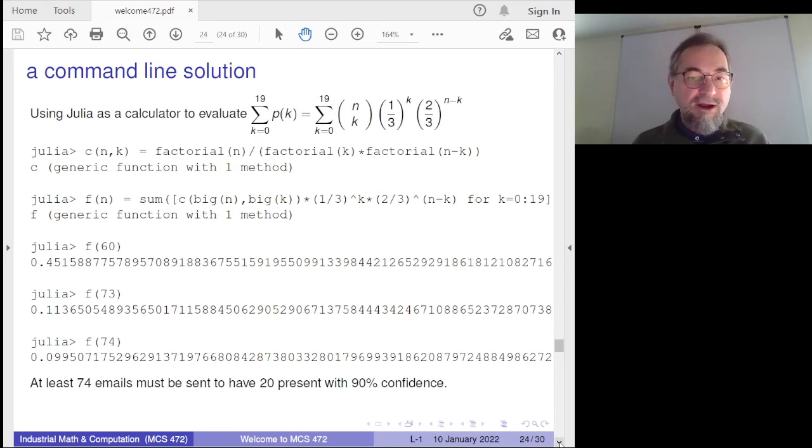So the right answer under the assumptions of the model, the binomial distribution with the parameter 1/3, if you take that as a given, is that you need to send out at least 74 emails.